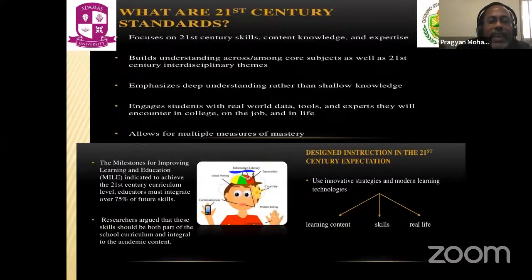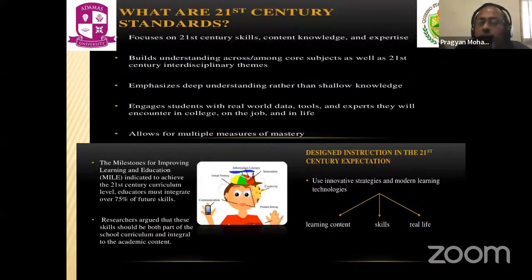Educators must integrate over 75% future skills. So the 21st century skills in the picture you are observing are very much focusing on problem solving, creativity, innovation approach, information literacy, critical thinking, and power of communications. These are the extended form of 21st century skills that are focused.